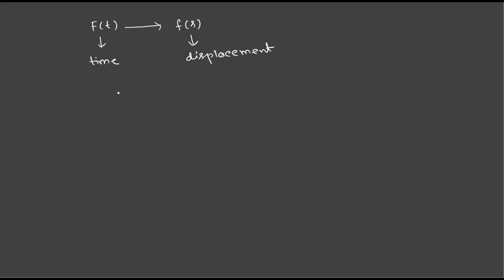So here is the use of Laplace transform. The function of time, f of t, will be given and you have to find f of s, and we denote this as Laplace of f of t equals f of s.